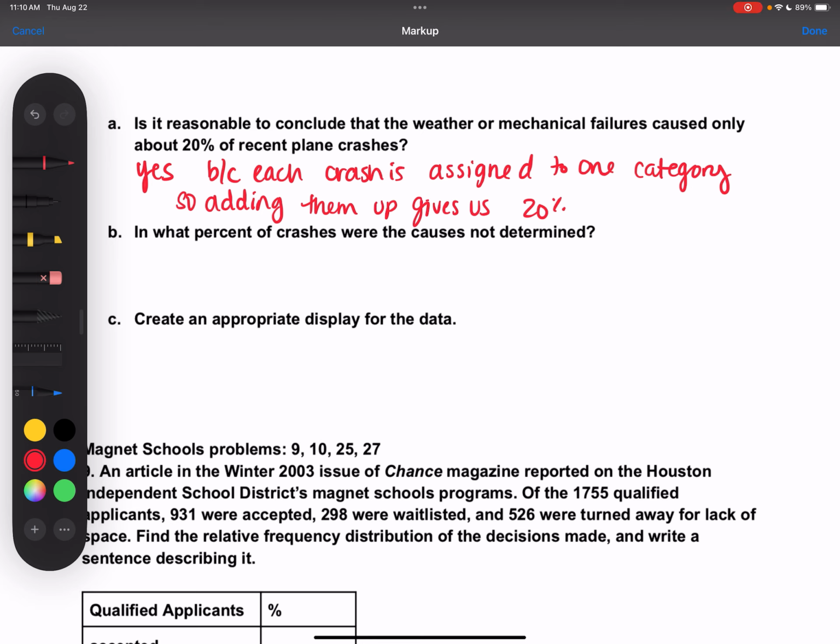So for part B, and what percent of crashes where the cause is not determined, they don't actually say in there that they weren't. But they gave us the information for the ones that they did have an answer for. And I'm gathering you had already looked to say they don't add up to 100. So we would just need to do 100% minus, and I'm just going to do it in parentheses because that way I don't have to write a minus sign every time.